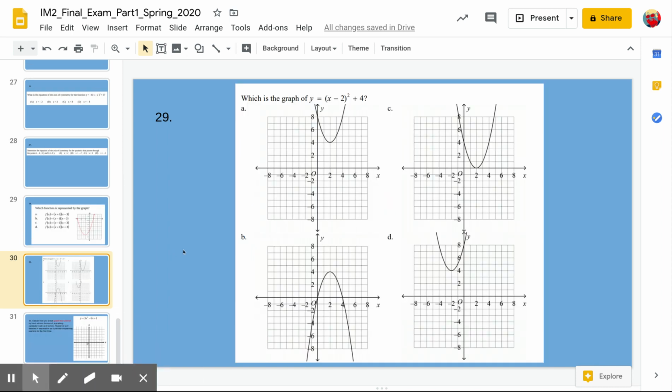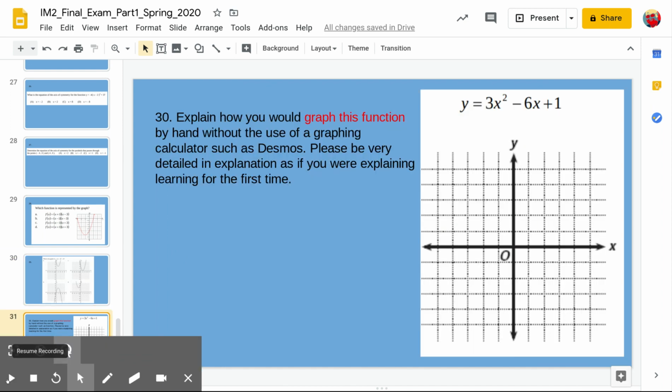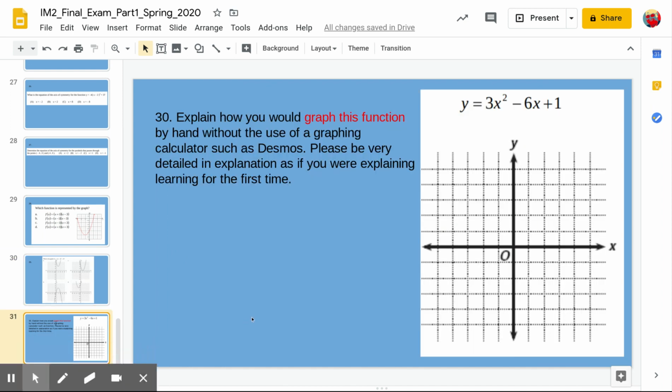Question 29. Which is the graph of y equals (x minus 2) squared plus 4? I'll let you just look at those graphs. You should be able to tell. Even if you can't read it that closely, you should still be able to get the answer for this one. All right, last question for this part of the exam.